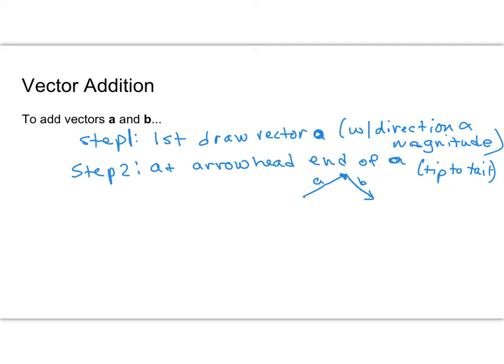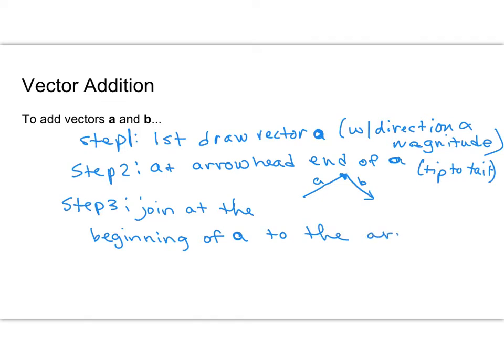Okay. So now step 3, join the beginning of A to the arrowhead of B. That'd be vector B. Just like this.